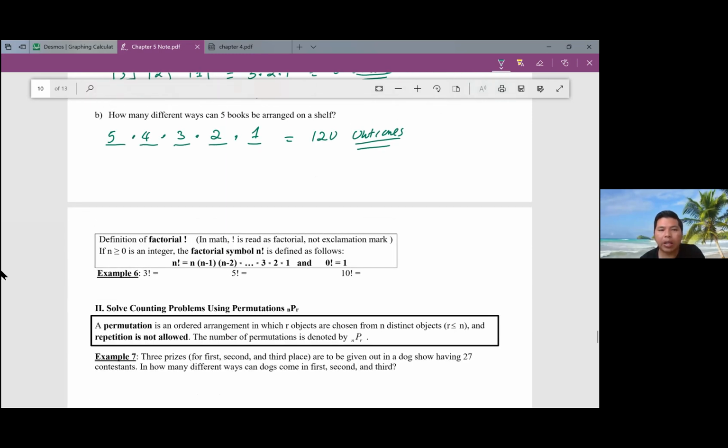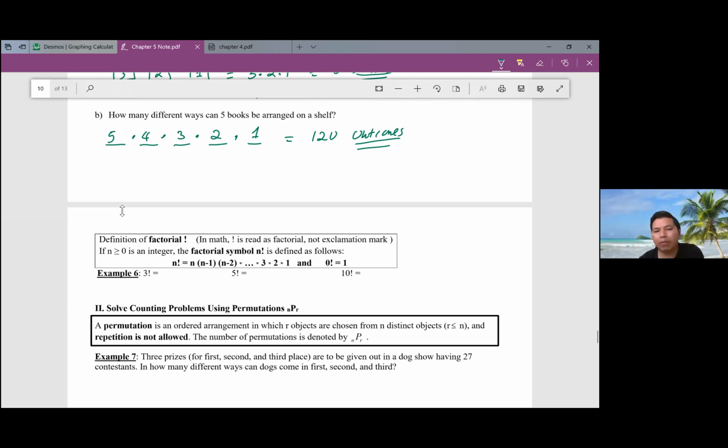Now, the next one is factorial, right? What you're going to see is the exclamation mark right there. In mathematics, it stands for factorial. Factorial is defined as a multiplication of itself to the next consecutive number until 1.